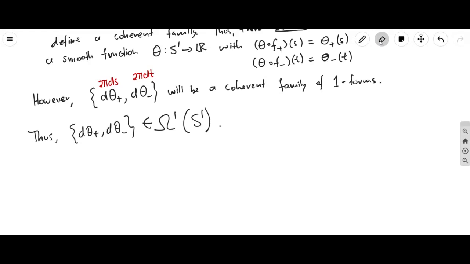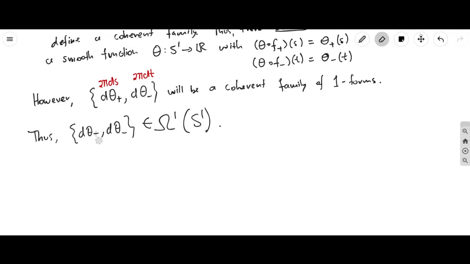That's what you would say. Because a one form on the circle is a collection of forms in each chart of the atlas that are coherent. That's a coherent choice of forms in each of the charts. So all of that will now be a one form on the circle.